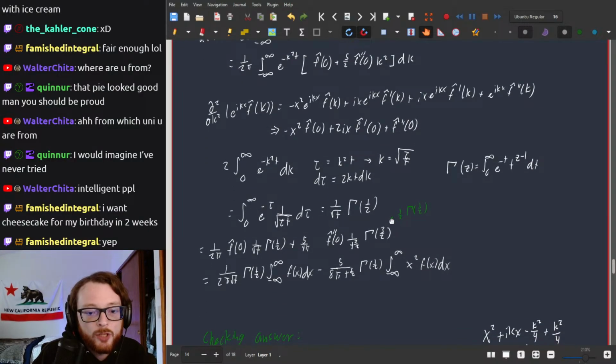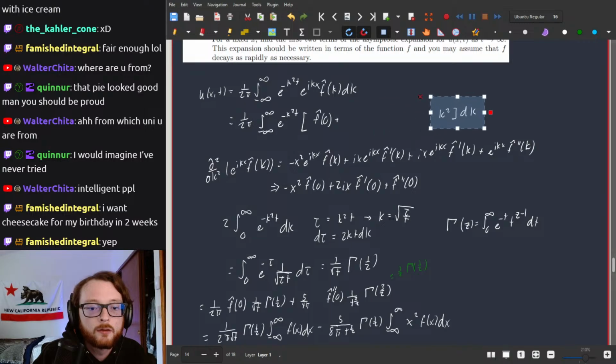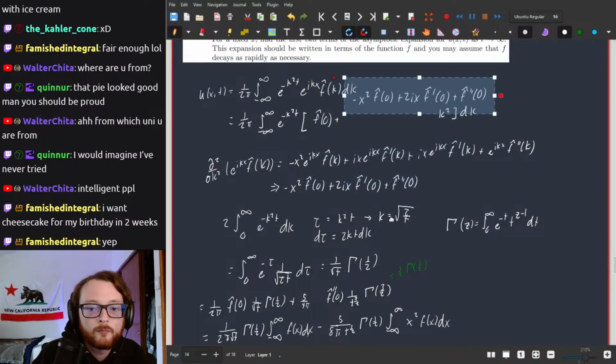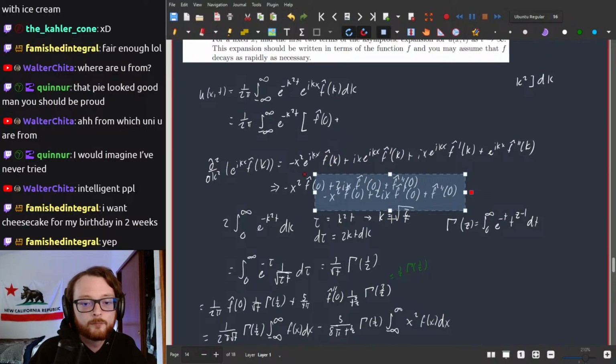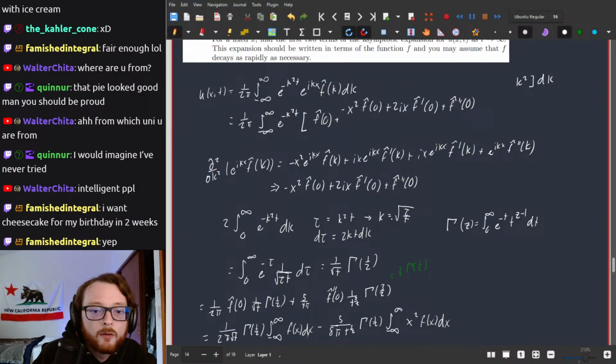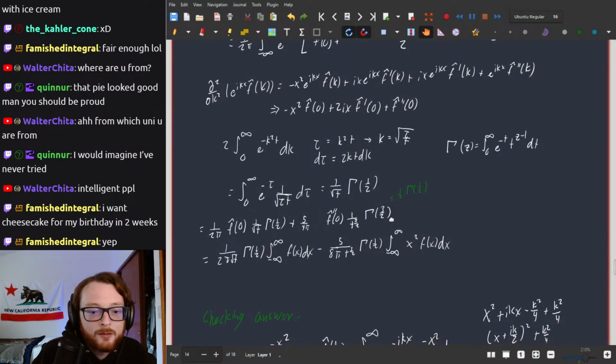And so the only thing that needs to change... Yeah, I need more room. Over 2. Okay, there we go.